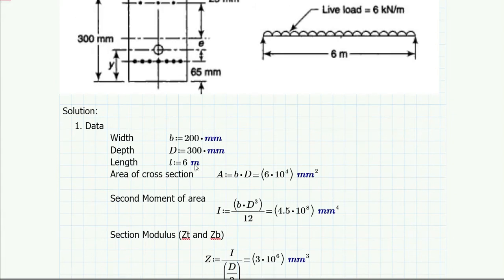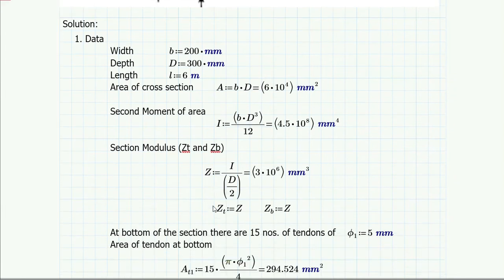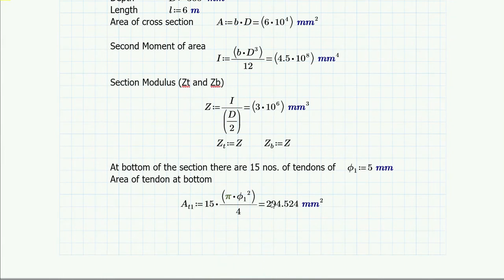As this is a purely rectangular section, the section modulus for the top section as well as the bottom section will be same, which is equal to Z. Okay, so ZT is equal to Z and ZB is also equal to Z. Now at the bottom of the section there are 15 numbers of tendons having a diameter of 5 mm.